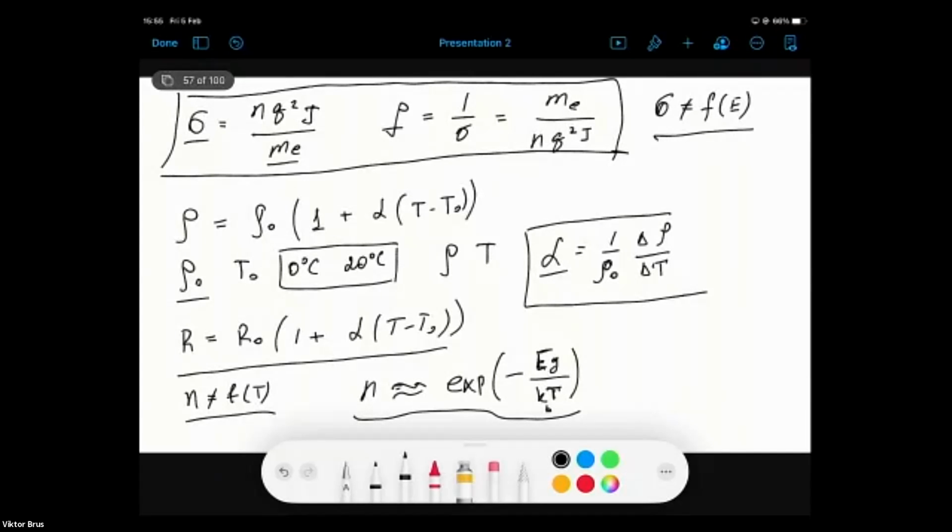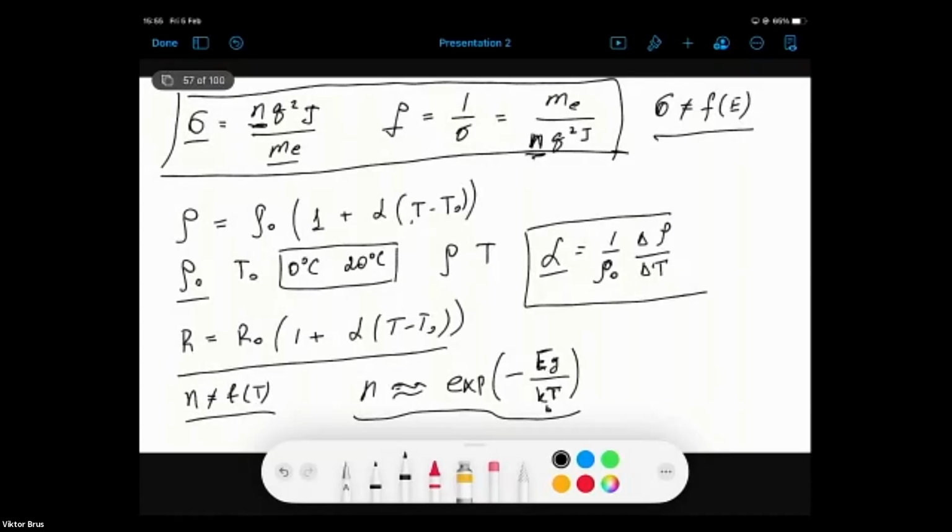Since the concentration of charge carriers comes in the numerator for conductivity and the denominator for resistivity, if we have a huge increase in concentration of charge carriers, then we definitely have a huge decrease in resistivity of this material.